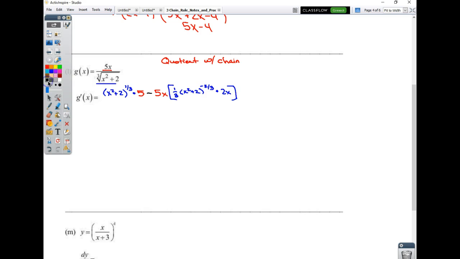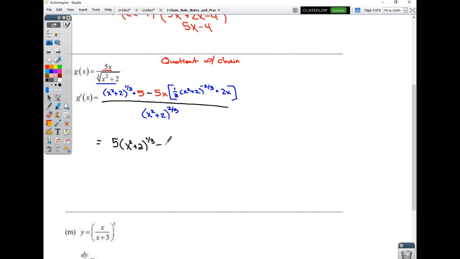We're not done yet. All over x squared plus 2 to the 2/3. And we're not going to leave the answer looking like this. This is gross. Squared. Box your answer. We're not going to box the answer yet. We're going to call this 5 times x squared plus 2 to the 1/3.